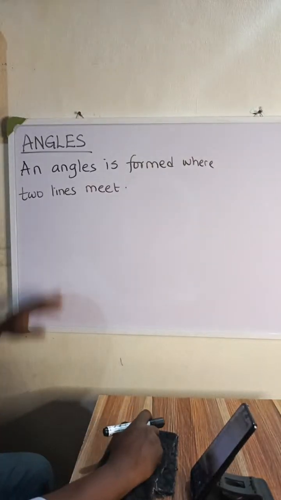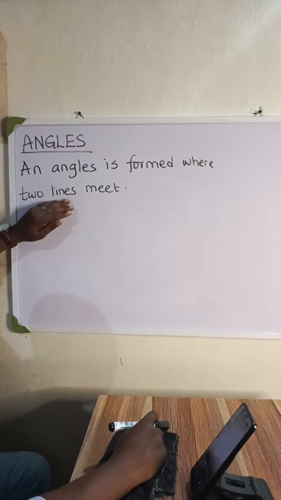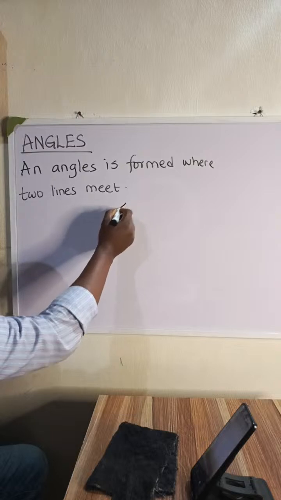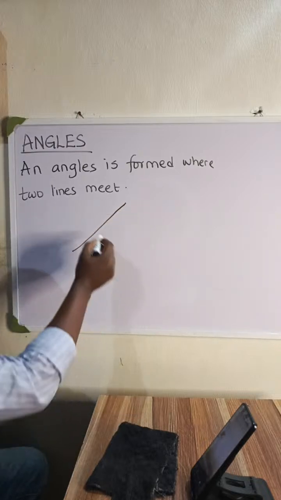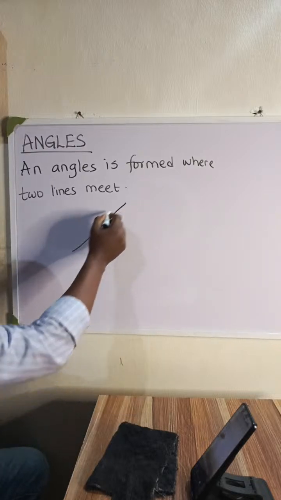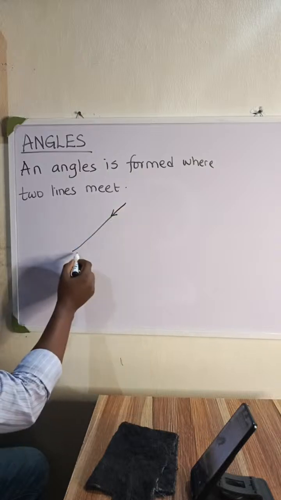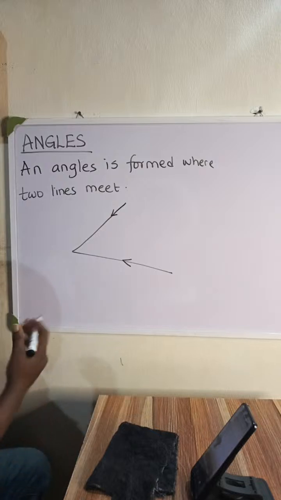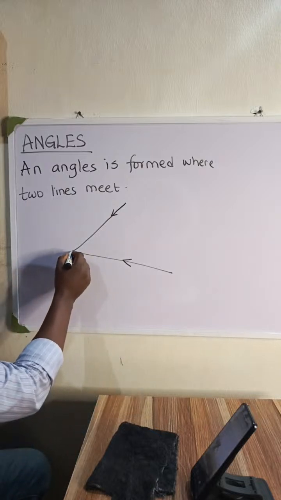An angle is formed where two lines meet. If you have a line coming this way, and then a line coming this way, these two lines are going to meet at this point.